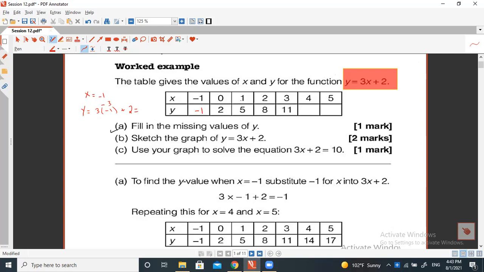And when you put 0, it's 2; 1, it's 5; 2, it's 8; 3, it's 11; when x equals 4, 12 plus 2, 14. When x equals 5, 17.